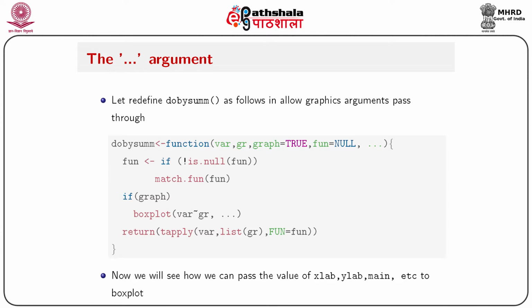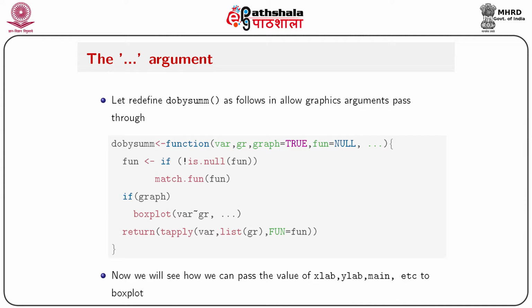The only argument that I am including is the triple dot argument. All are the same. Here the box plot I just included, where the left side of the formula and the right side is the group, comma, and the triple dot, and then return the function, that is the mean or variance, whatever the stratified summary.